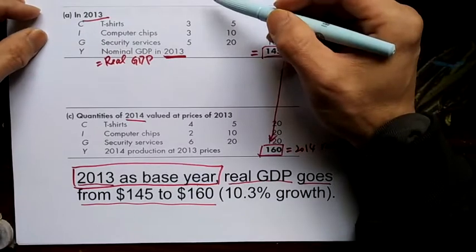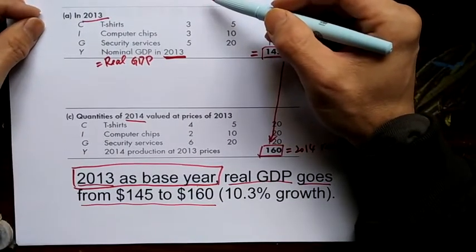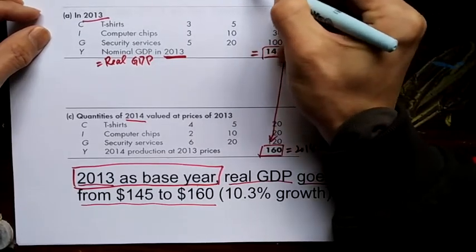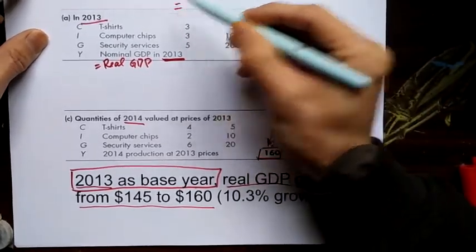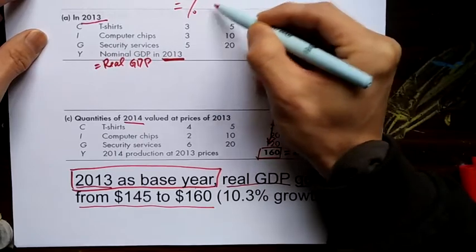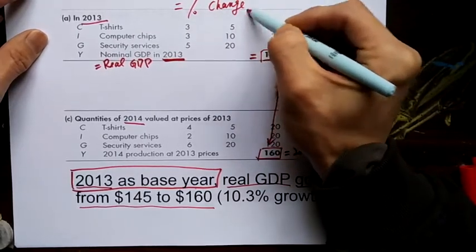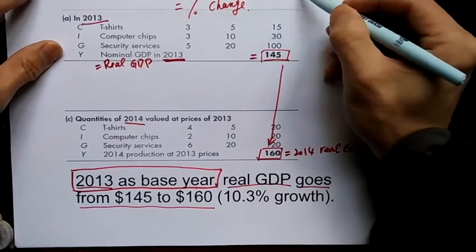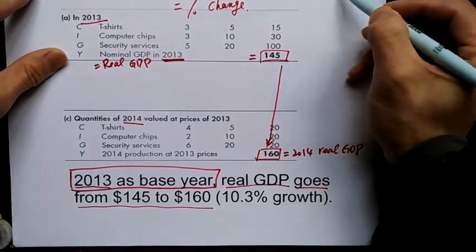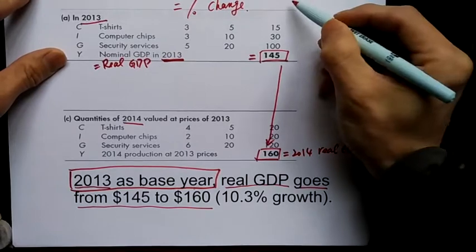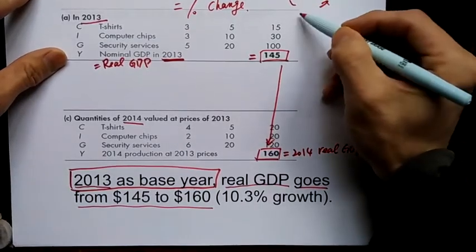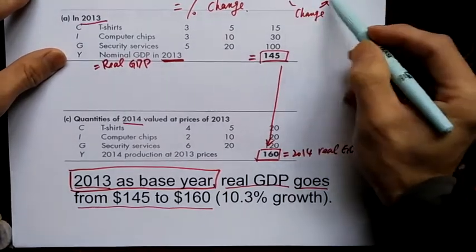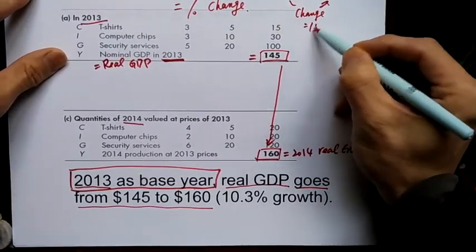Well, this is how you calculate the growth rate. The growth rate is equal to the percentage change. So when you go from 145 to 160, how much is the change? The answer is the change is 15.